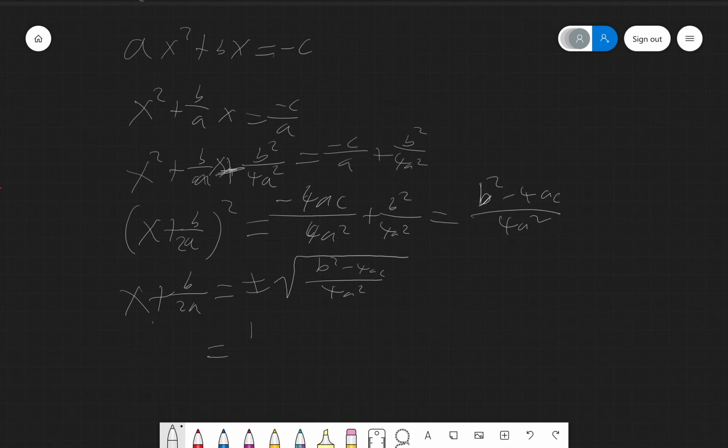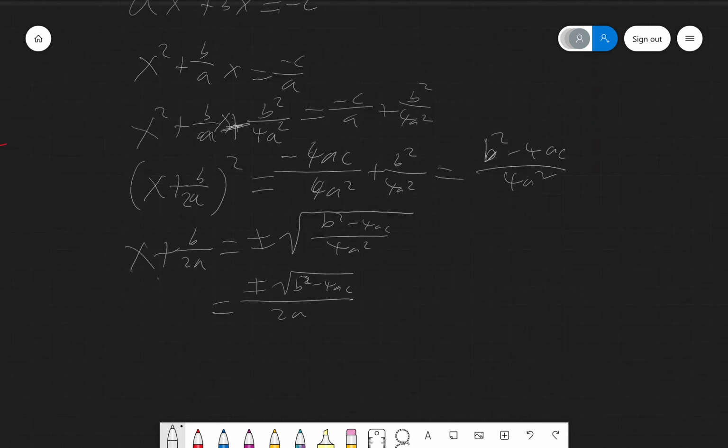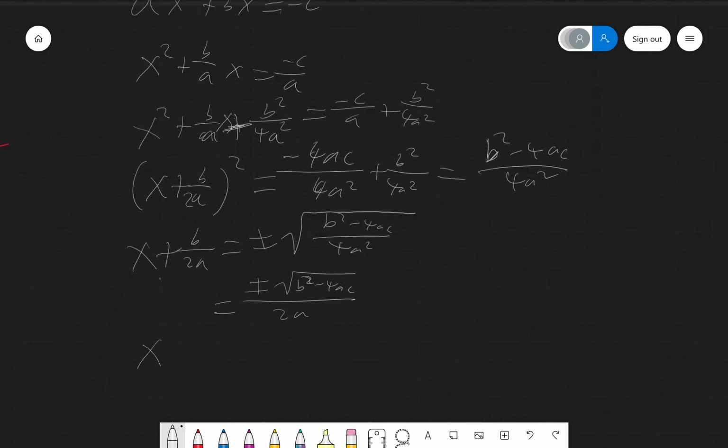That's equal to plus or minus the square root of b squared minus 4ac all over 2a. Now we subtract b over 2a, and we get x is equal to negative b over 2a plus or minus the square root of b squared minus 4ac all over 2a.